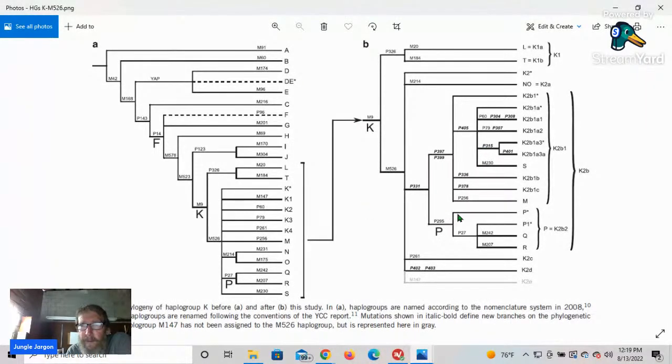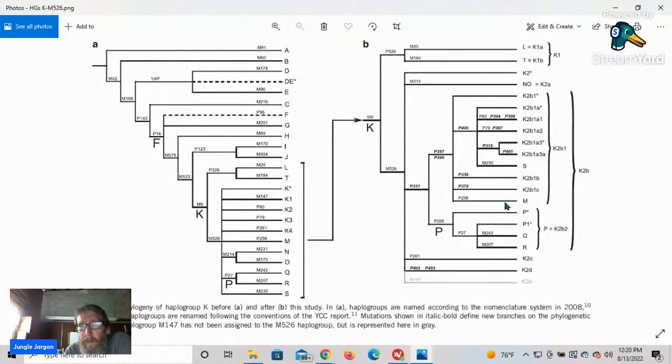And then there's the N and O. The N and O is Meshech and Magog. The L and T are the Greeks, Javan and Tiras.